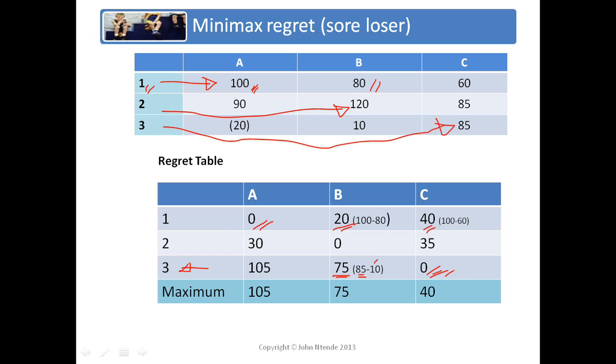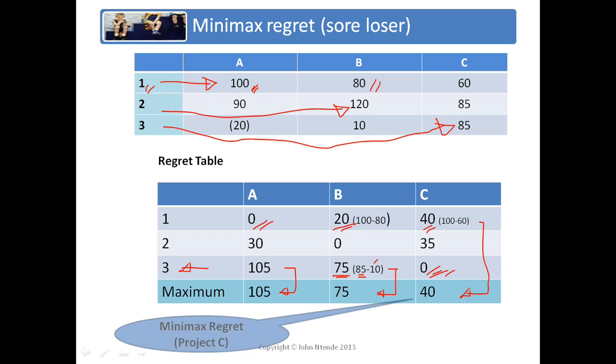Once we do that, we run down each project and figure out what is the maximum regret. Once we have the maximum regret, clearly what we're trying to do is minimize.